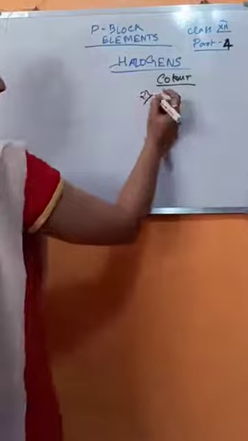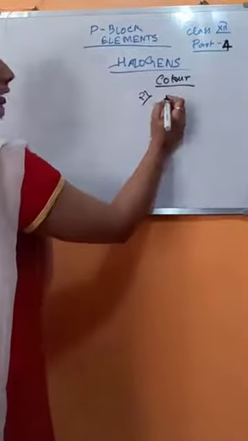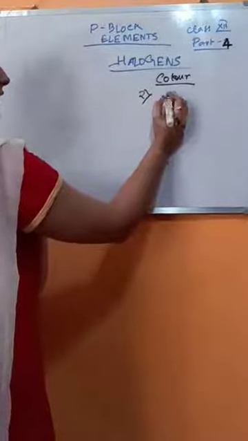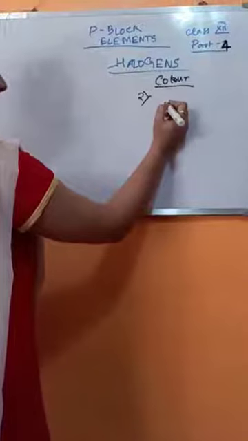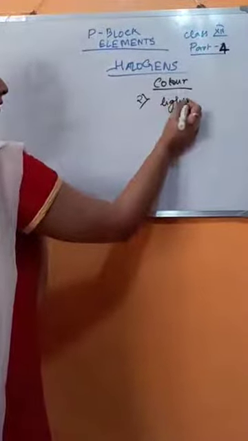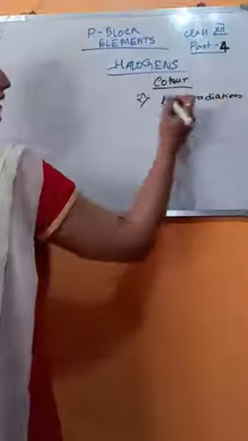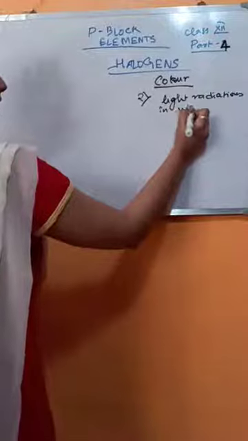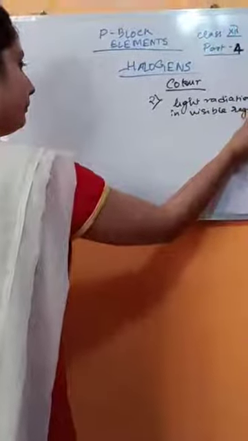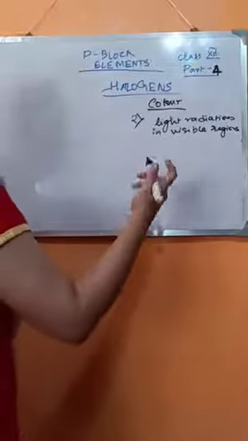They are differently colored because, keep in mind one thing, that when they are absorbing light radiations in the visible region, the valence electrons get excited to the higher energy levels.